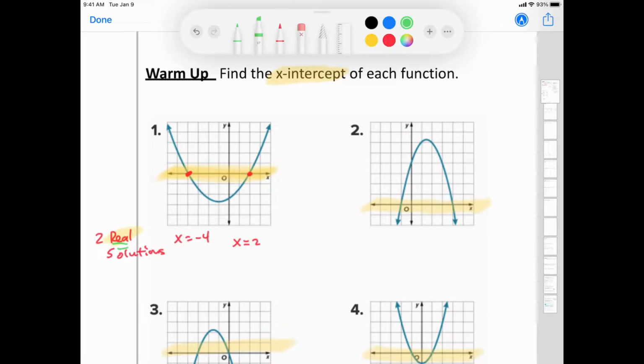Let's take a look at number 2. Same thing. This is a graph that opens down, or concaves down. It's like a cup turned upside down. Again, you have 2 solutions here, and because it crosses the x-axis, we can say 2 real solutions.